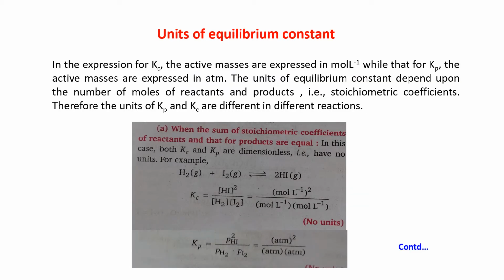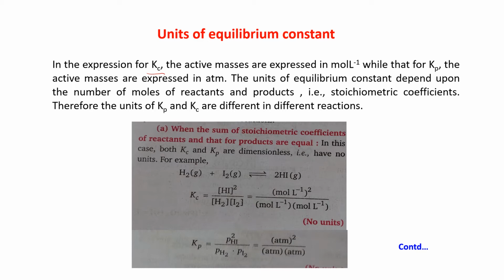Units of equilibrium constant. In the expression for Kc, what is Kc? Kc is equal to the equilibrium constant for concentration terms, when we are taking concentration terms. Now the previous examples where we have written K, it actually stands for Kc. So instead of K, you can always write Kc, because we have taken the concentration term, that is the active mass.